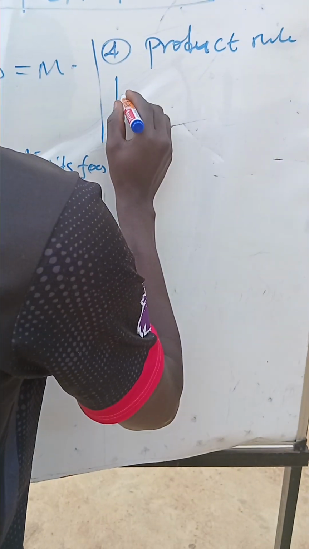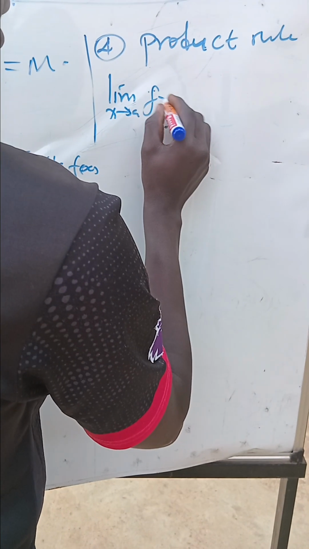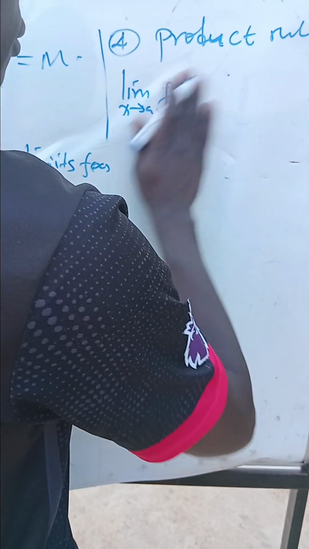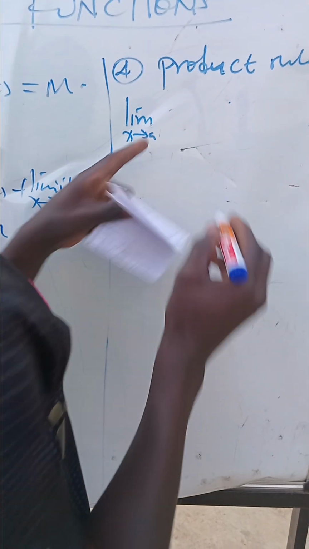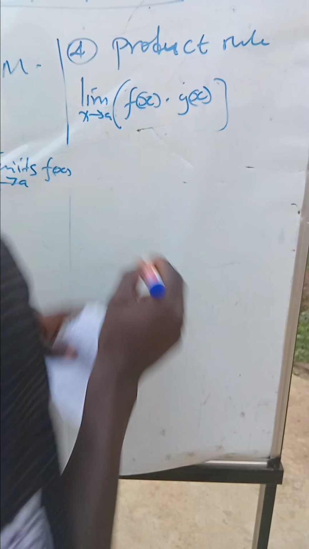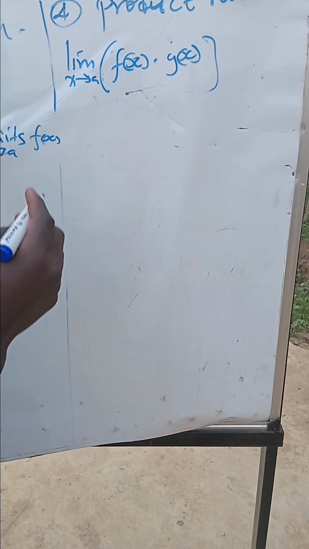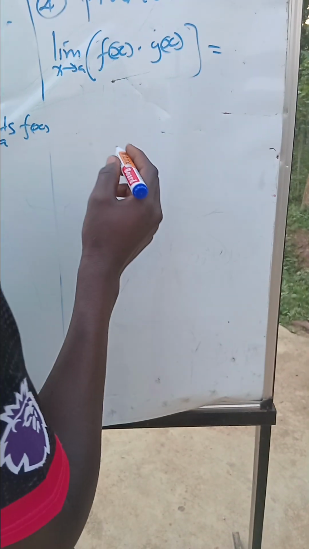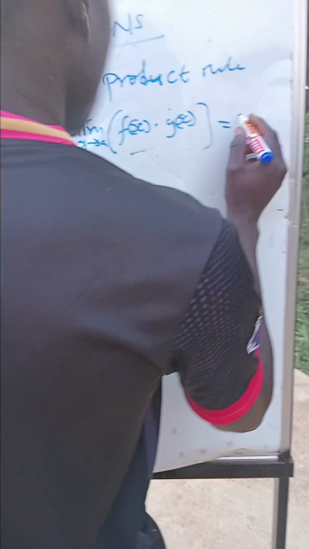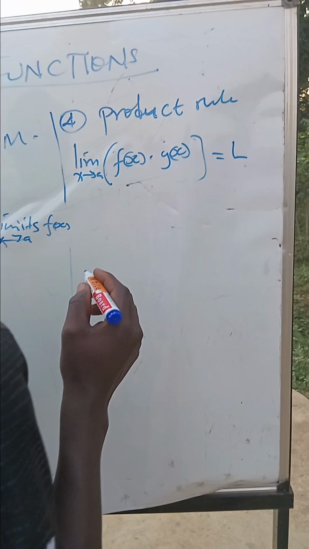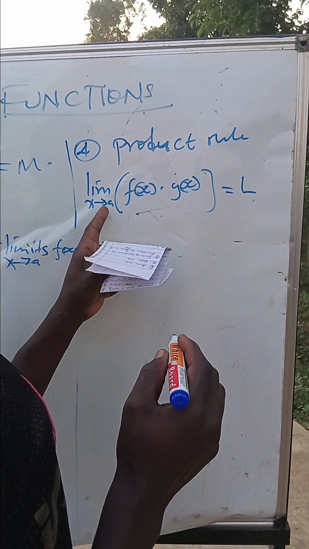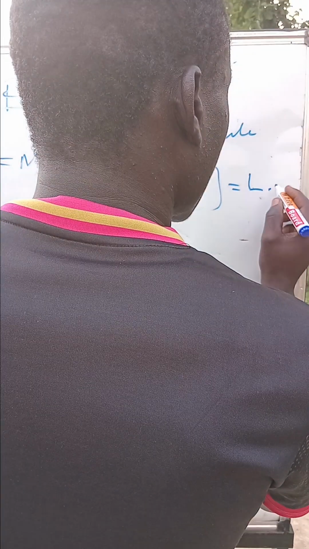The product rule says that the limit as x approaches a of f of x multiplied by g of x: you are given the limit of f of x is L, and the limit as x approaches a of g of x is M. This implies that the limit of f of x multiplied by the limit of g of x will be equal to L multiplied by M.